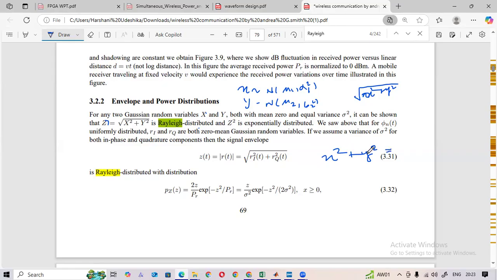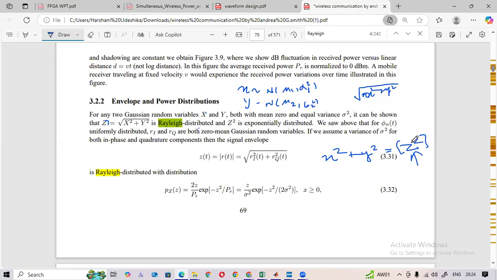And this will be a Rayleigh distributed variable, okay. X square plus y square. Let's say that it is z square. So this z square will be a Rayleigh variable, okay. Maybe you can see it in MATLAB, okay. So you can generate a normal distribution and you can generate another normal distribution, then you can get the sum.